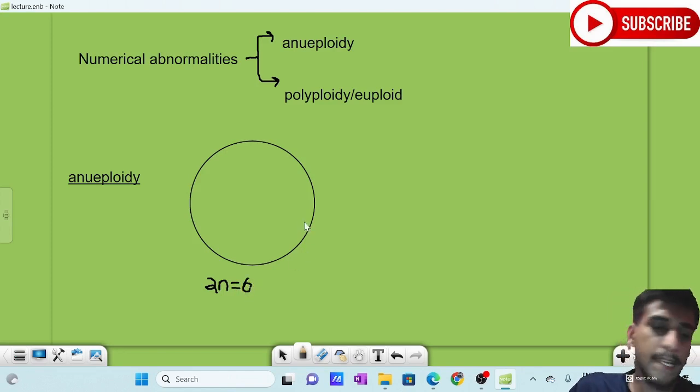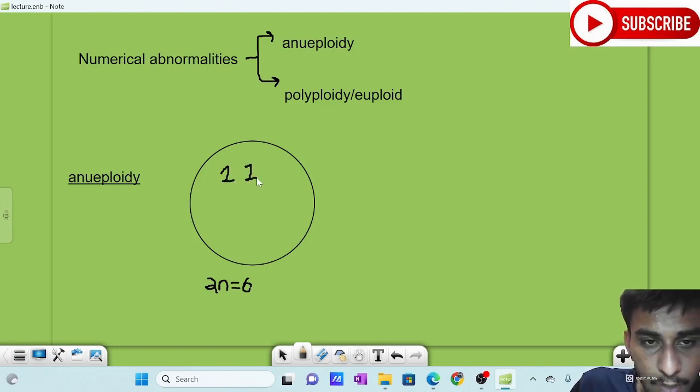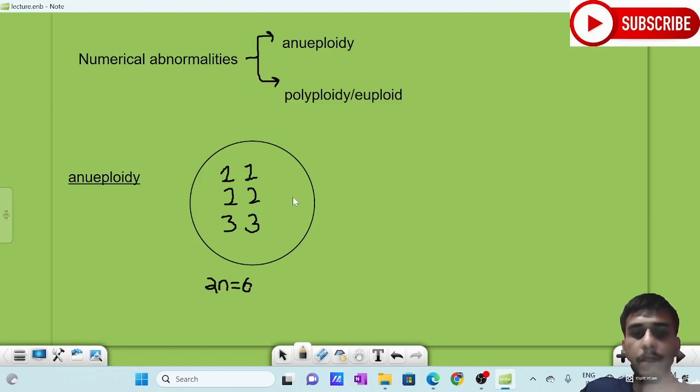Okay, a cell is having 3 sets of chromosome, total 6 chromosomes, individual chromosomes. So I am writing the chromosome here as chromosome 1, its homologous chromosome, chromosome 2, its homologous chromosome, and chromosome 3.